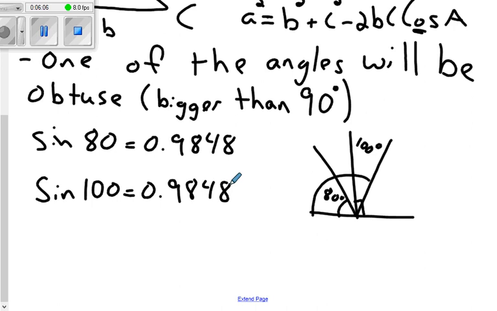And this kind of works for anything. Let's say we took the sine of 30 degrees. What'd you get, Bree? 0.5? All right.